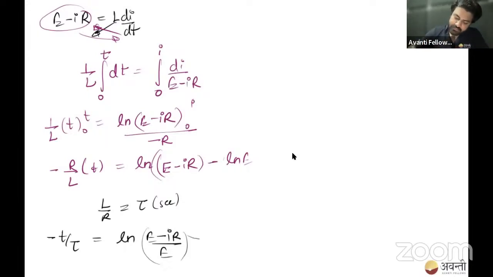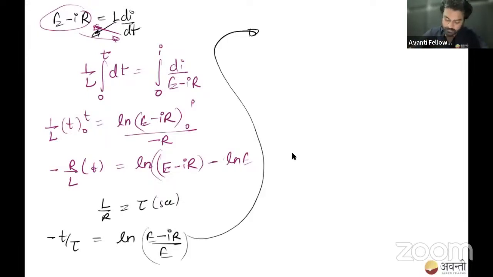Now again, this derivation continues here. Here ln base e is there, so I can write e to the power minus t by tau is equal to minus R by E into I plus 1, because E by E gets cancelled out. That minus will come to this side.